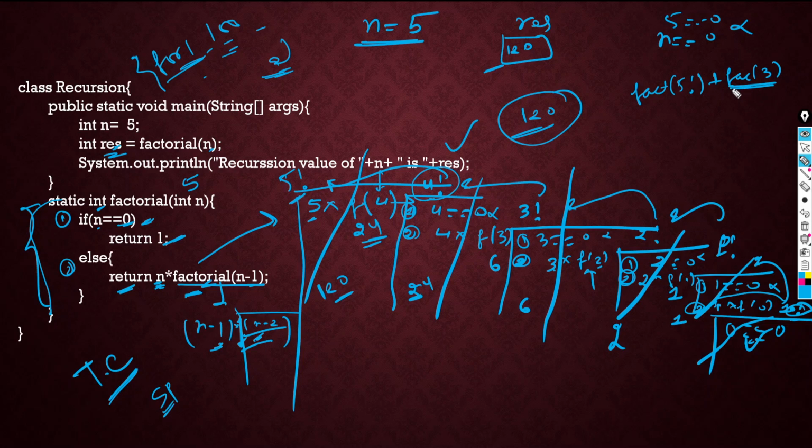Let's suppose you have first evaluated factorial of 3, and you have stored the value of factorial 3. What is the value of factorial 3? Which is 6. You have stored it as 6.